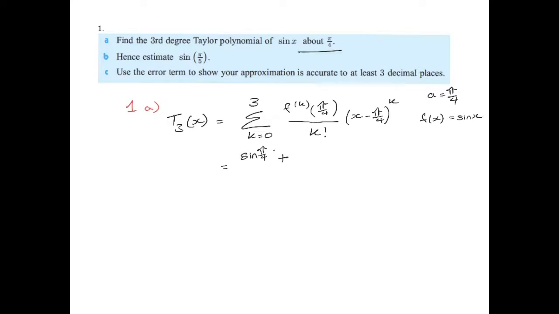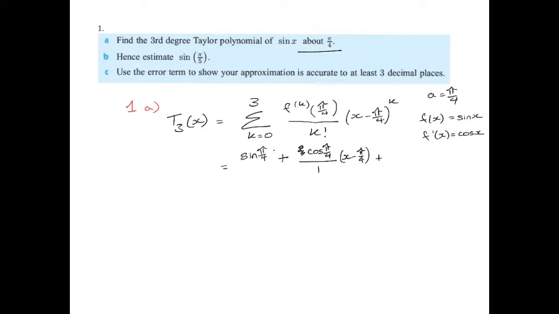When k is 1, you get the first derivative at pi on 4. So it's the derivative of sine x. What's the derivative of sine x? Cos x. So now it's cos of pi on 4 over 1 factorial, which is actually just 1, times x minus pi on 4 to the power of 1.